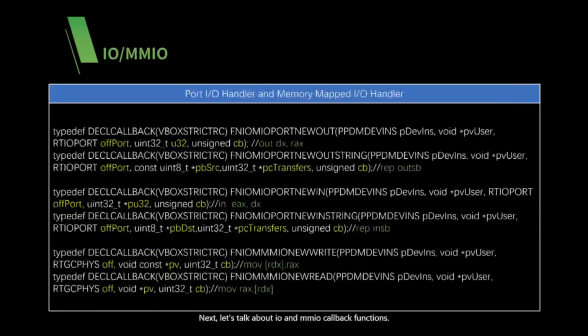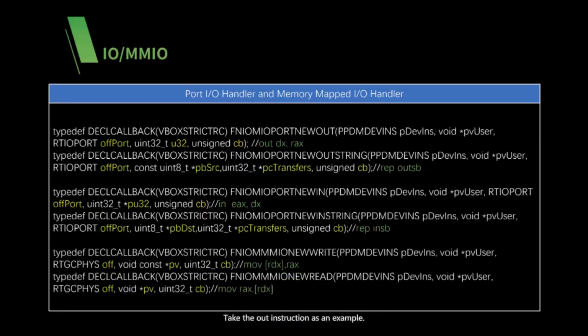Next, let's talk about IO and MMIO callback functions. As mentioned earlier, there are some instructions that can trigger IO and MMIO callbacks, such as the in and out instructions and the mov instruction. As shown in the figure, their callback functions are similar. And what we need to focus on is which parameters the guest can control, such as the offset parameter, the pu32 parameter, and the cb parameter.